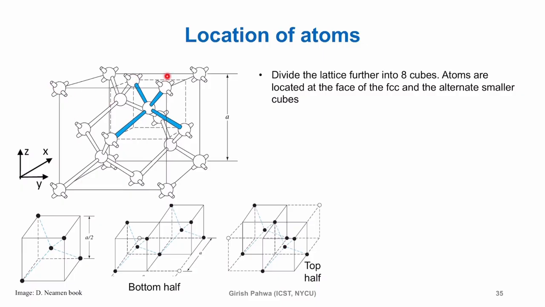If I even forget the face atoms, let's just talk about the coordinates of the corner atoms, right? So what will be the coordinates? These will be the coordinates. I haven't multiplied by the a. I have normalized with the lattice constant. So 0, 0, 0, say if this is 0, right? So 0, 0, 0, right? 0, 0, 1. So you can generate this whole thing, all the corner points.